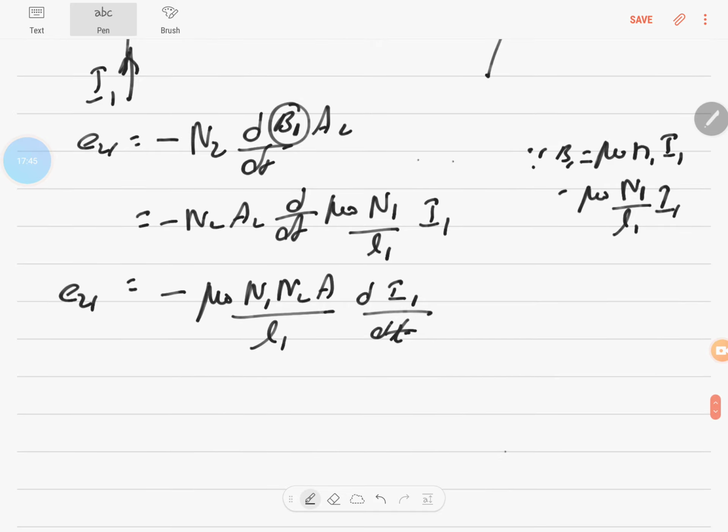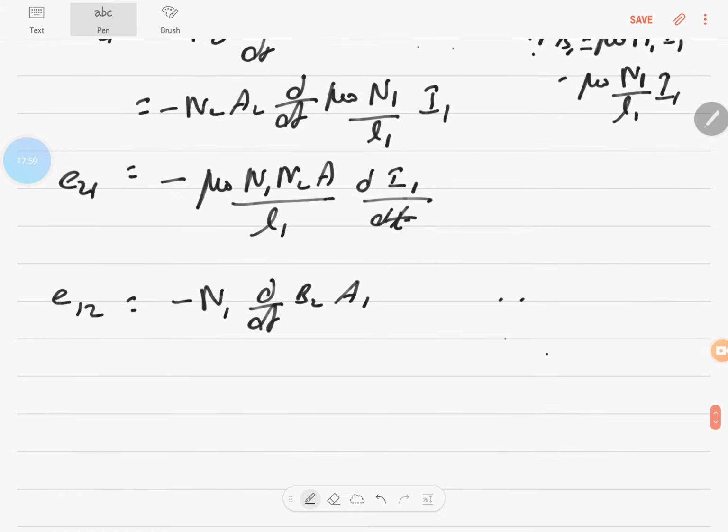Similarly, the EMF induced in the first coil due to the second coil will be just the opposite of this, correct? The magnetic field will be because of B2: minus N1 d by dt of B2 into A1. The magnetic field B2 itself is mu naught into N2 by L2 into I2.